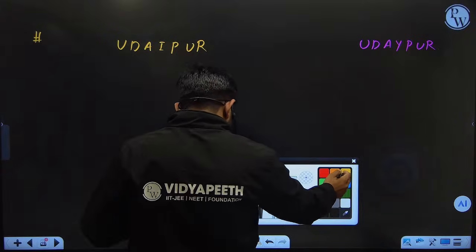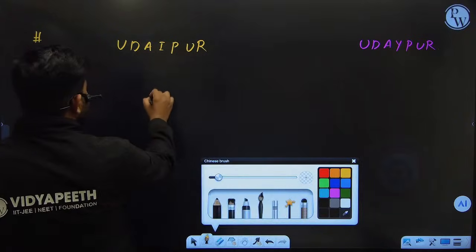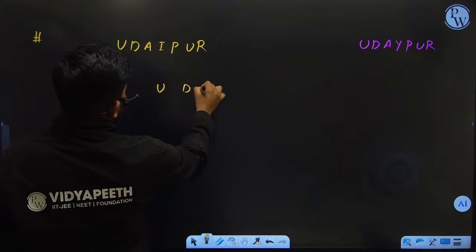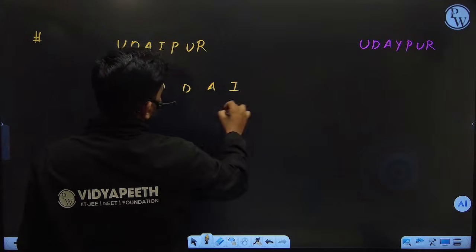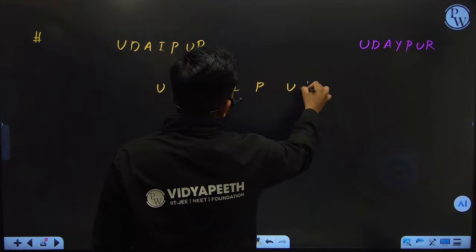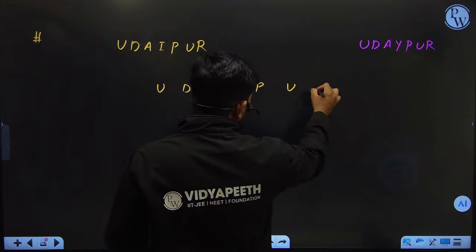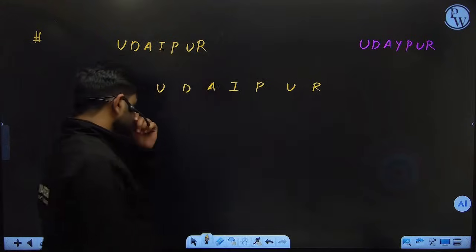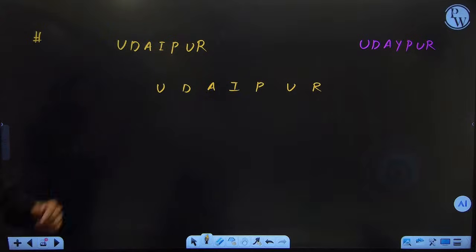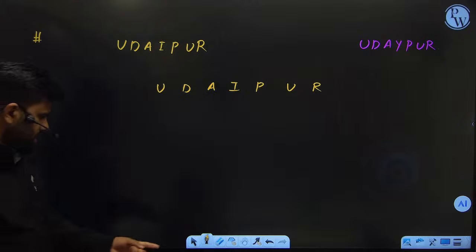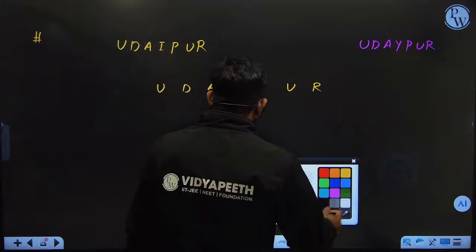So how to solve this? How to find out the rank? It is very simple. We will use a trick, and the trick is simple. Just write the number of these alphabets according to the ascending order of the dictionary.